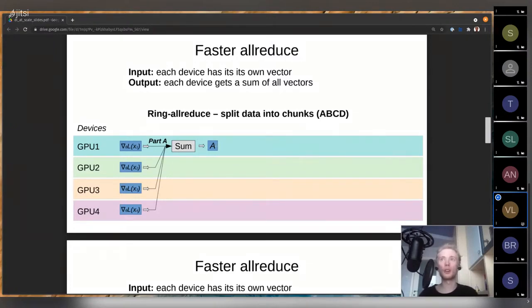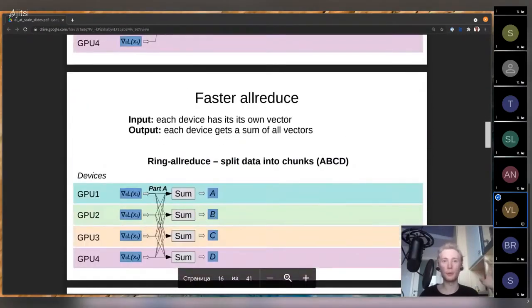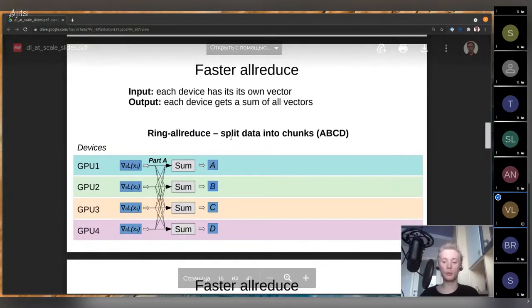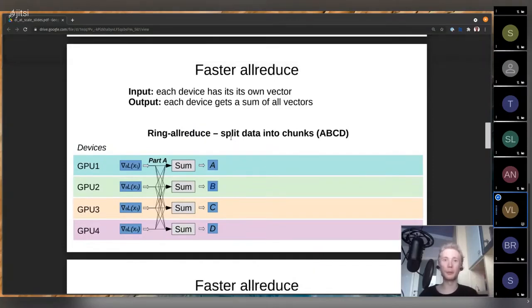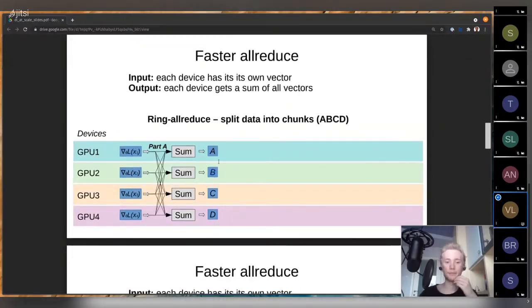The first GPU sums it up over all of the data, but only for the first part of the neural network. Then the second GPU does the same for the second part, and so on. This way, we achieve maximally equal distribution of plus operations over all of our workers.